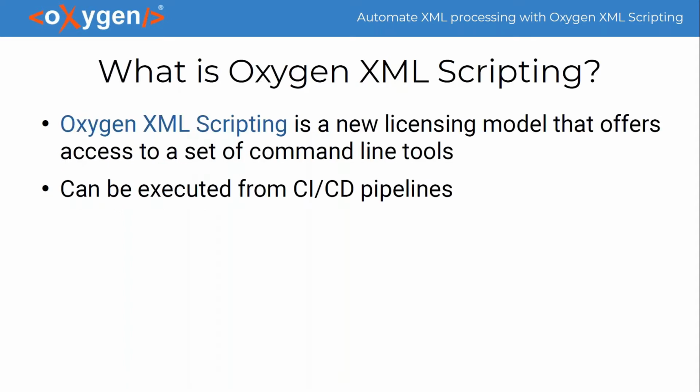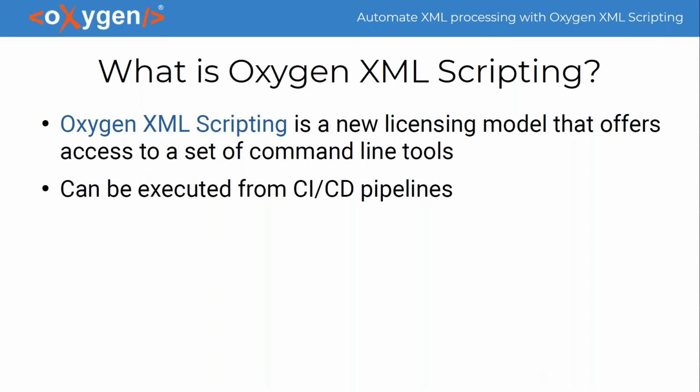So Oxygen XML Scripting is a new licensing model that offers you access to a new set of command line tools. These command line tools all represent functionality that was previously available inside Oxygen's graphical user interface.